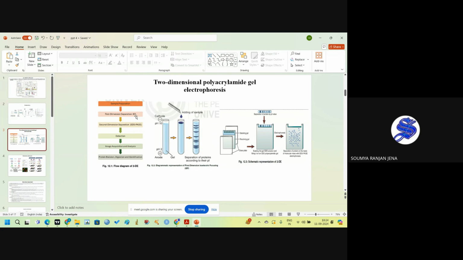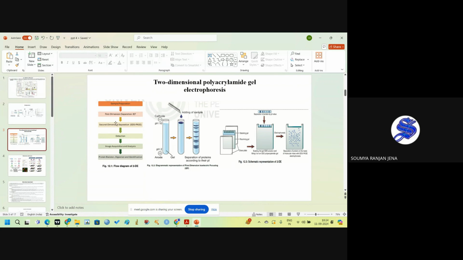Isoelectric point means the point at which the protein or peptide has an equal number of positive charge and negative charge molecules. This is called the isoelectric focusing point. Every protein or peptide has a different isoelectric point.